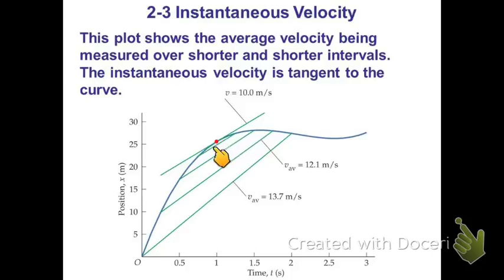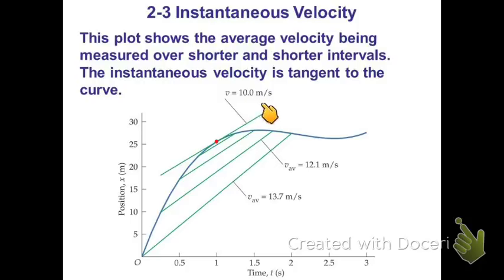Eventually what we will obtain is that these lines of average velocities become a tangent line right at this point in question. As you see, this tangent line only touches the curve, the trajectory, at one point, and this tangent line will of course have a slope, and this slope is 10 meters per second.